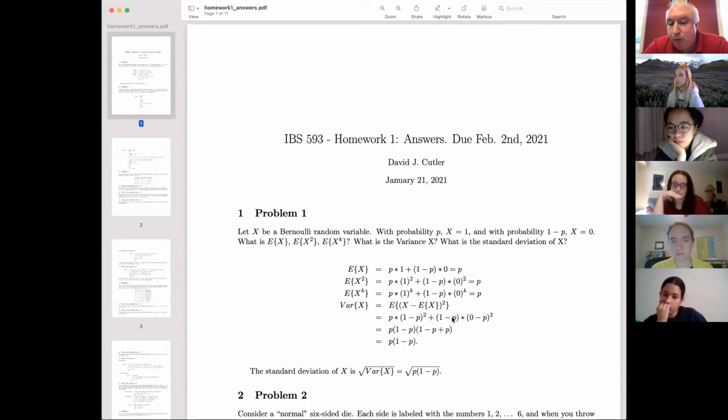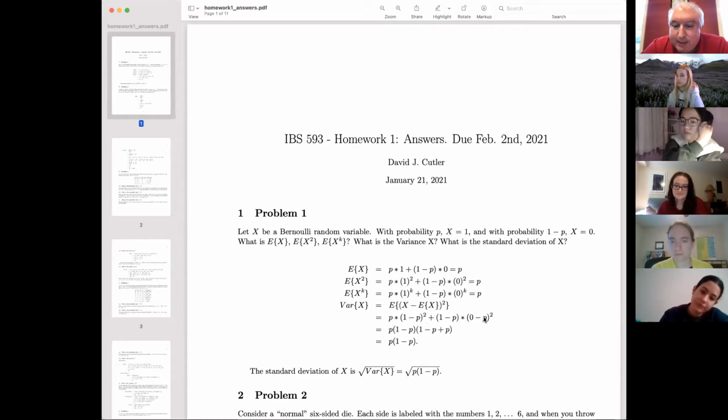Plus, with probability 1 minus p, it takes on the value 0, so that's 0 minus p, quantity squared. Now you can pull out a 1 minus p from this term, and the other term looks like p squared. So you pull out a p and a 1 minus p, and you're left with 1 minus p and 1 plus p. That cancels, and you get p times 1 minus p. It's nothing more than silly algebra like that.